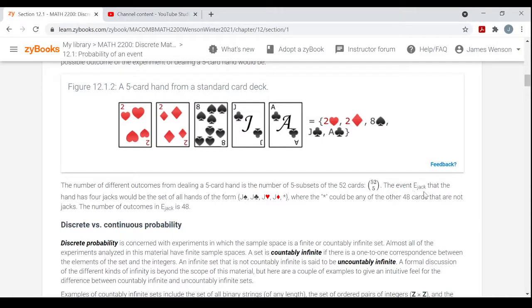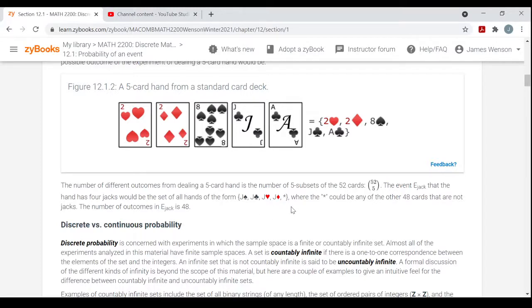The event E sub Jack, that the hand has 4 jacks, would be the set of all hands of this form, where you have all 4 jacks in the subset and then some other card. So the number of outcomes in this event is 48.